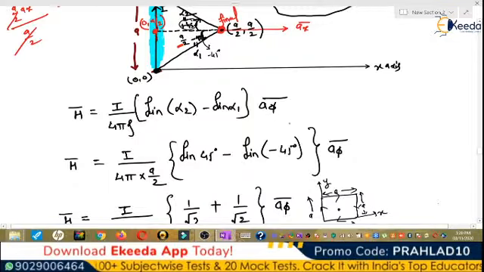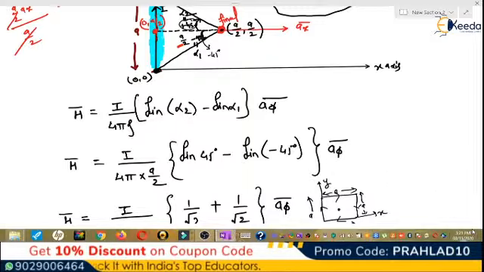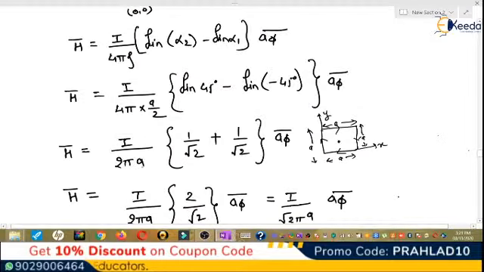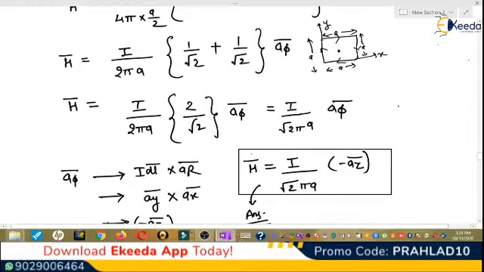So I by 4 pi into A by 2, sin of 45 minus sin of minus 45, a_phi vector. So I by 2 pi A, 1 by root 2 plus 1 by root 2, a_phi. So this answer is I by 2 pi A, 2 by root 2, a_phi. So this answer is I by root 2 pi A, direction is a_phi vector.